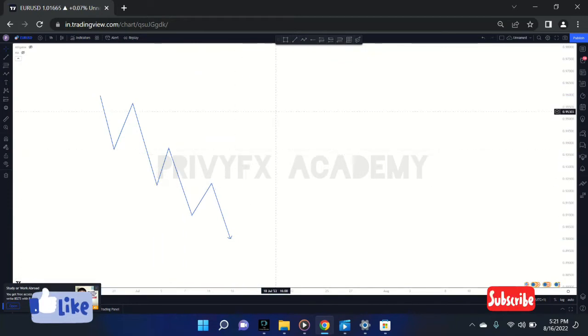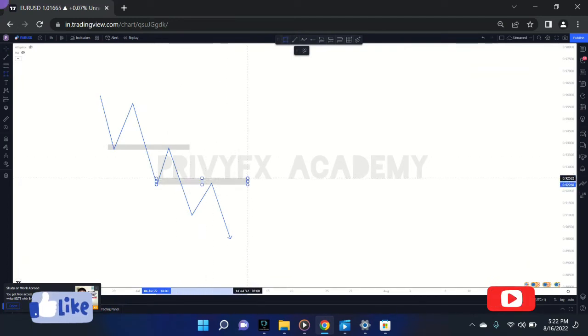So we have this place to be a support. This place also to be a support. Why do we say this place to be a support? When the market was actually going down, something happened within this area that pushed this market upward.